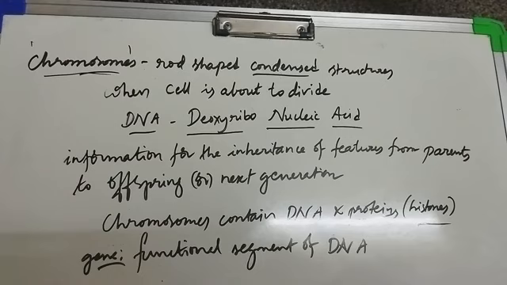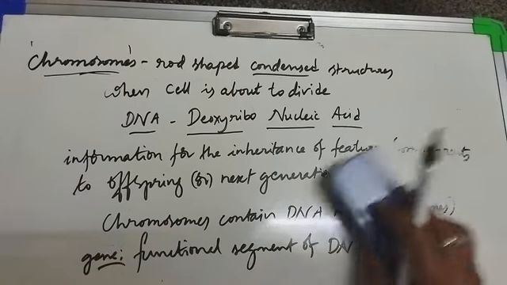And what is the difference? The thick, condensed, rod-shaped structure is the chromosome, which is present when the cell is about to divide. The thin, entangled mass of thread-like structure is chromatin, which is present when the cell is not at its dividing stage. Okay, let me write about chromatin also.